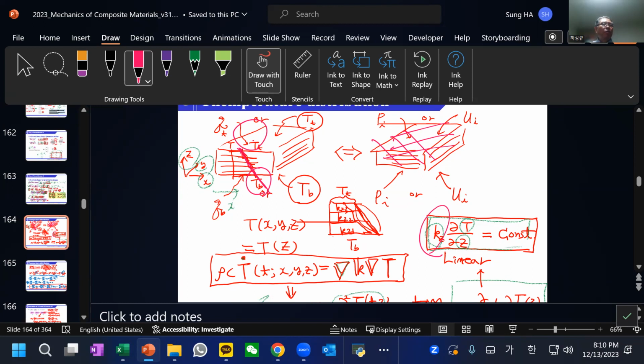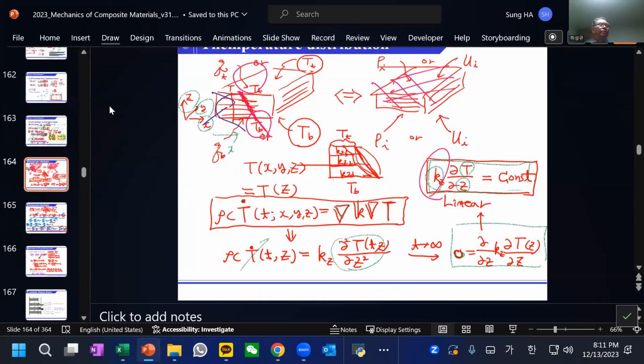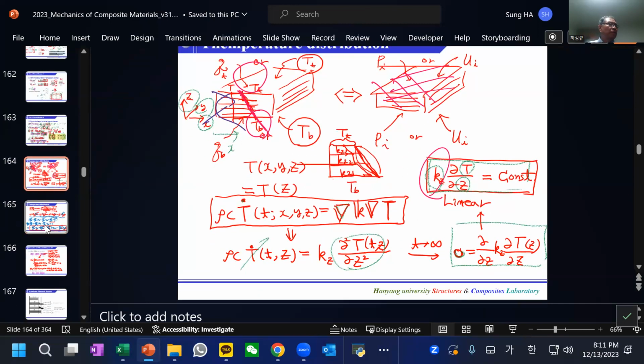Or if we somehow know the temperature distribution from another analysis, using another principle, then we just get that temperature into our tools, and then we can obtain the deformations and all other stresses. Okay, so this is also an important point.